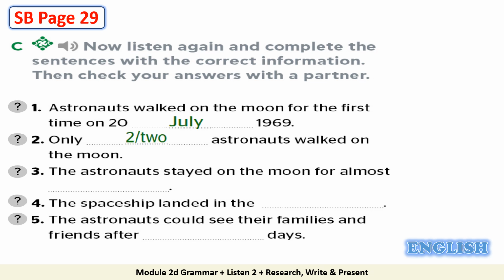Michael Collins stayed in the spaceship. How long did they stay on the moon? They were on the moon for almost a day. Actually, it was 21 hours and 36 minutes in total. But they also slept for 7 of those hours. Did they visit any other places in space after they left the moon? Like another planet? After they left the moon, they started their journey home.